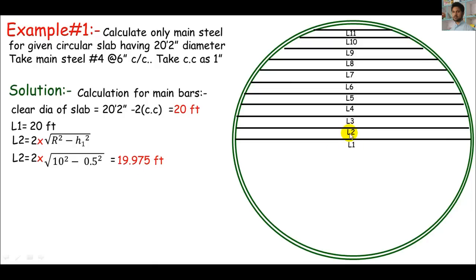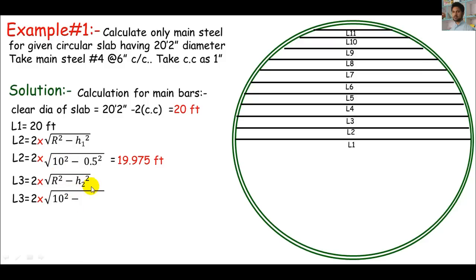What about L3? This is also minimum from L2 and L1, and the same formula will be used: 2 times the square root of R square minus H2 square. Plug and chug in. What is R? Of course it's 10. So 10 square minus H2 square. What's H2 now?